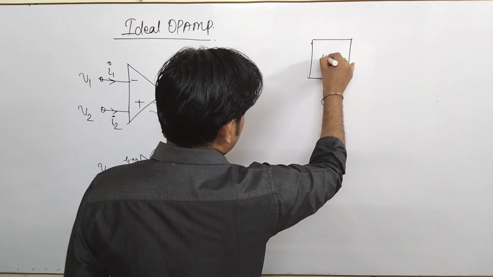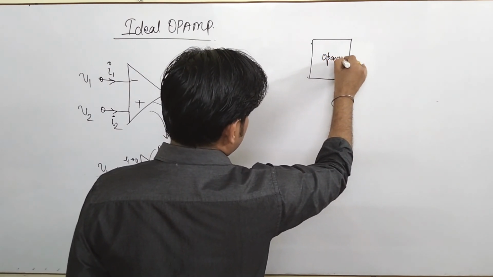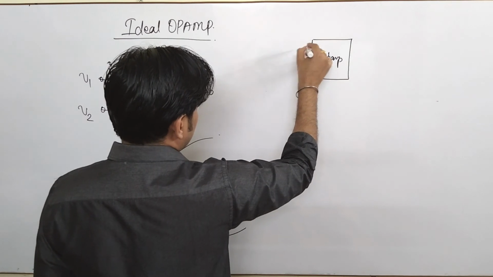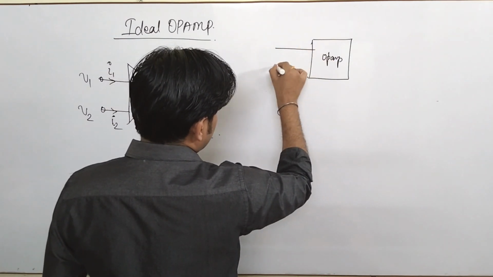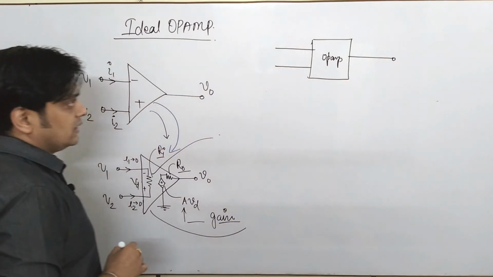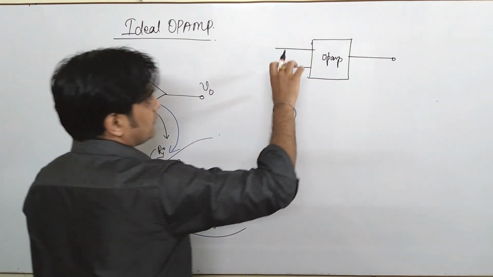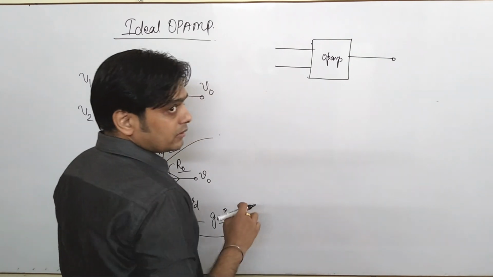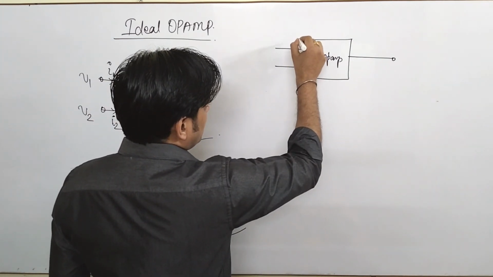If this is an OPAMP, and these are its terminals, this is its output terminal. An OPAMP has two input terminals and one output terminal.